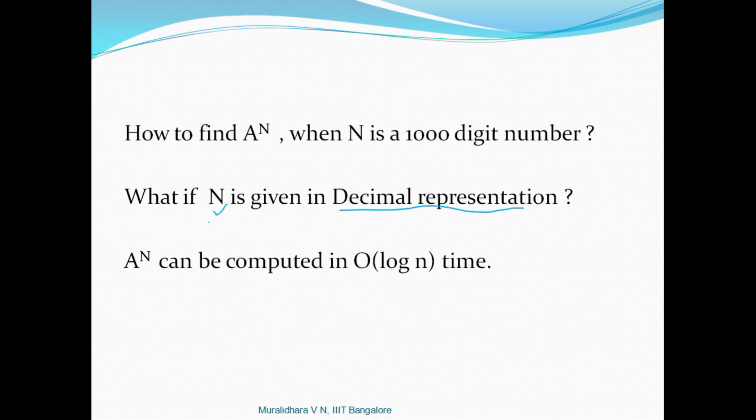I will leave the details for you to figure out. We can compute A to the power n in log of n time. So given A, which is a 2 cross 2 matrix, even if n is a very large number, A to the power n can be computed in order log n time.